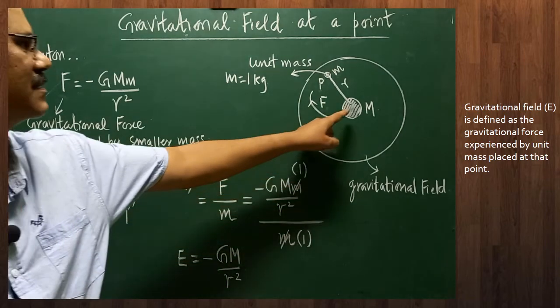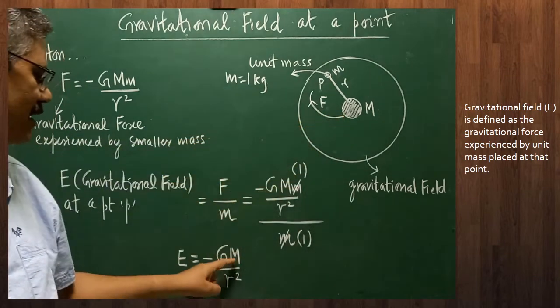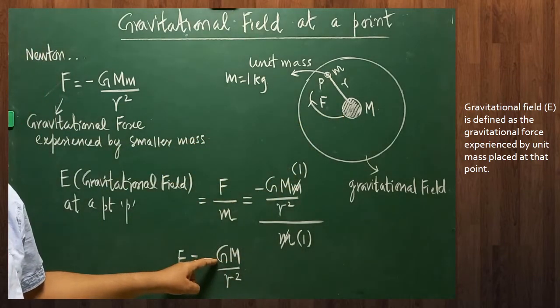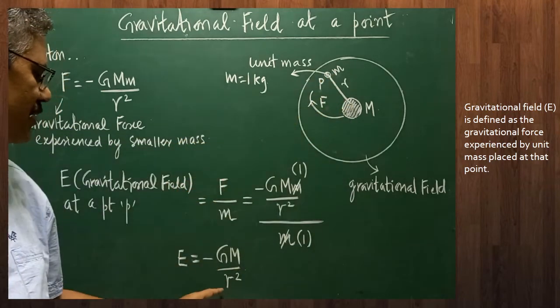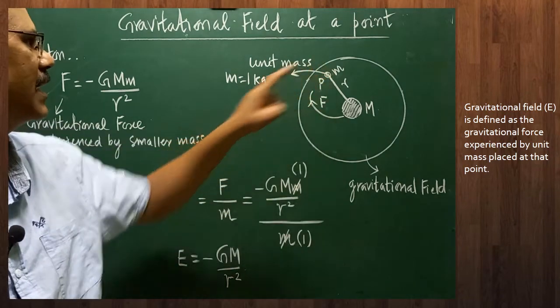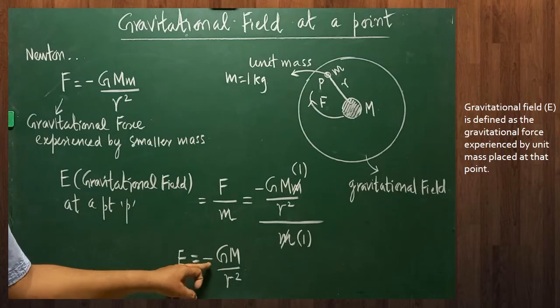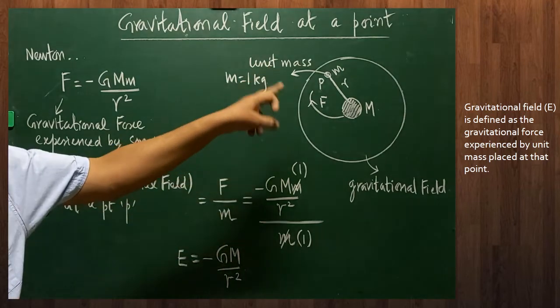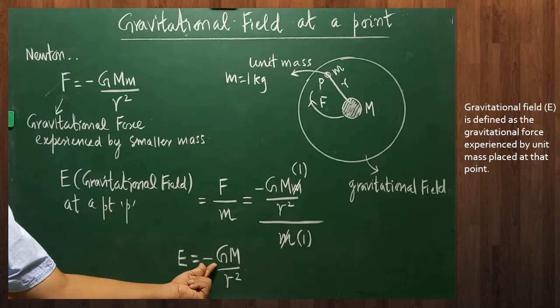By knowing the capital M, that is the mass of the bigger mass, the gravitational constant, and the distance between the unit mass and the bigger mass, by knowing the value of R, we are able to calculate the gravitational field at point P. Very important formula. This negative sign indirectly tells that the nature of the force is attractive in nature. That's why the negative symbol is introduced here.